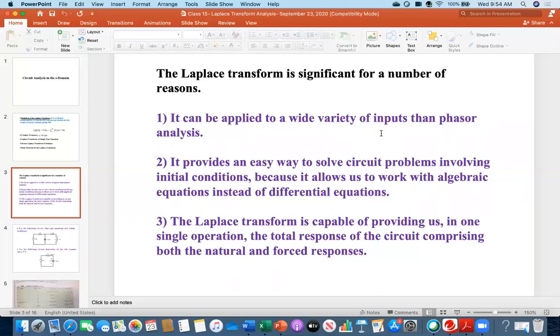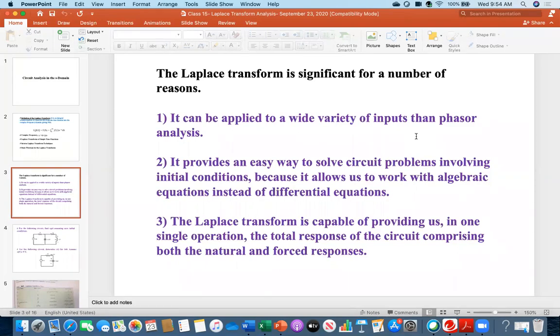Phasor algebra was applicable only to cosine or sine waveforms. When we wrote V equals Vm cosine of omega t plus theta, then in phasor form it was just V at an angle of theta, because that was a cosine function.